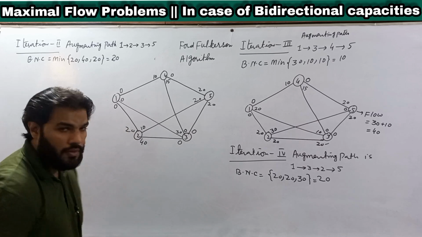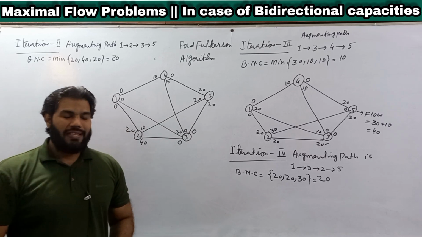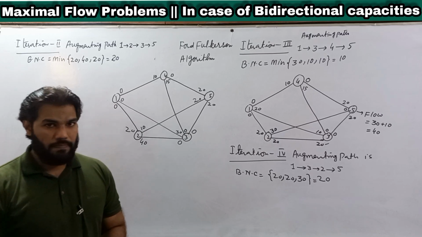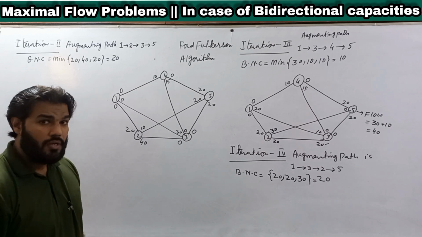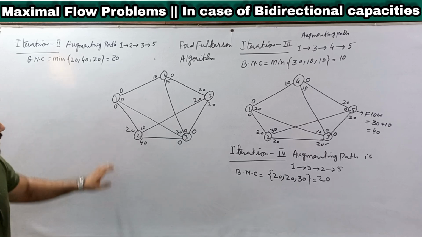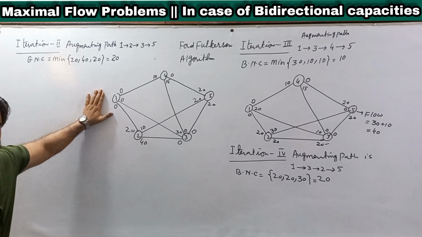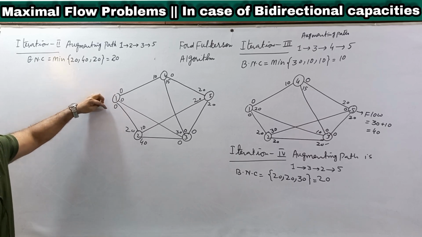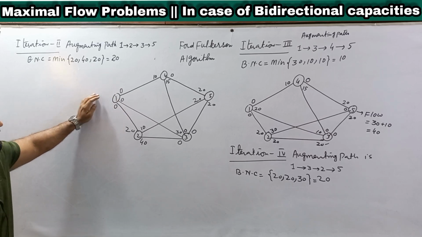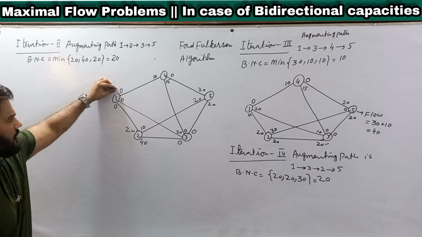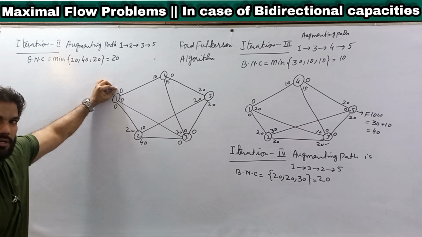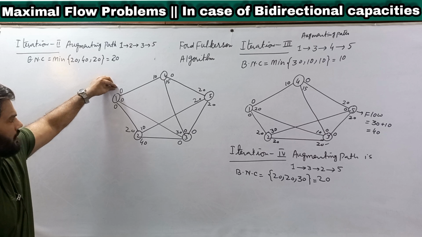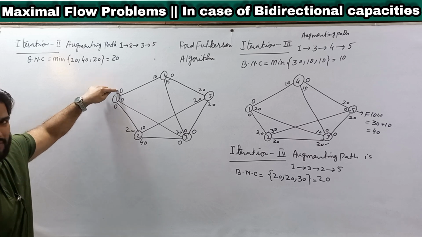Now, does there exist any more augmenting path? No, because you can notice that at node 1 all the numbers become 0 here. Node 1 is connected with node 4, but the initial flow at this number, that is the forward flow, is 0 here.